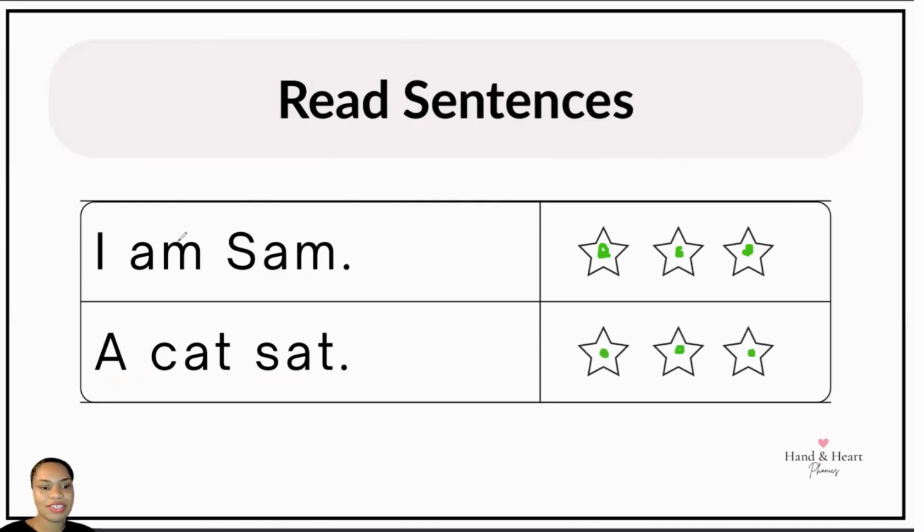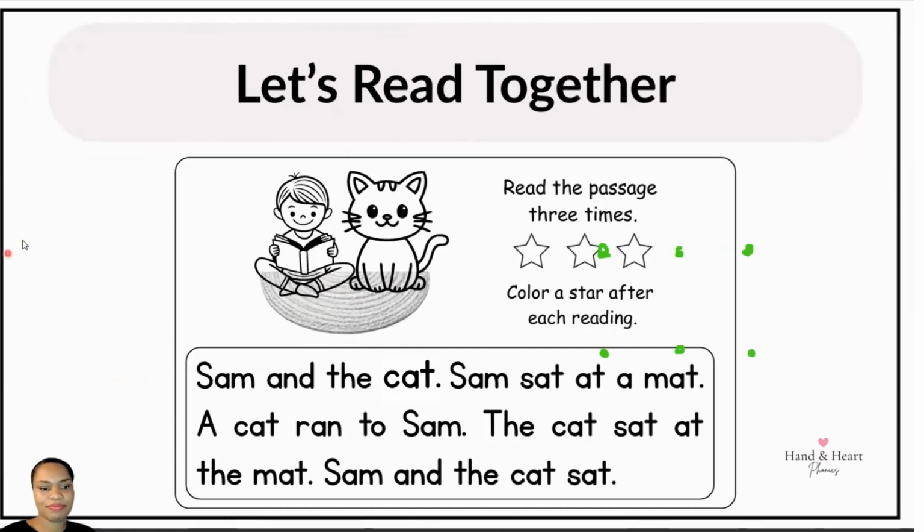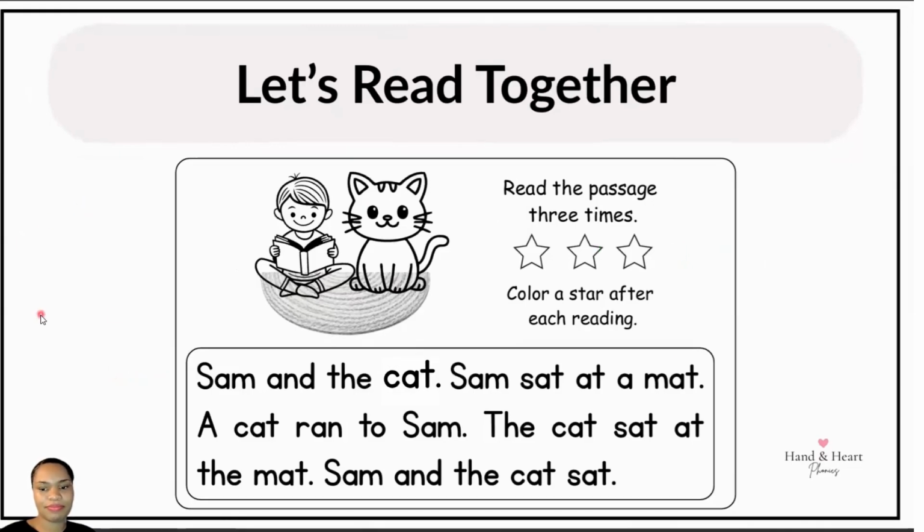Now that we've practiced our sentences, let's move on to a short passage. Just like our sentences, I will read, we'll read together, and then you will read the last time on your own. Once you've done that, you will read the passage 3 more times and color in a star after each read using your Unit 2 Lesson 1 practice pages.